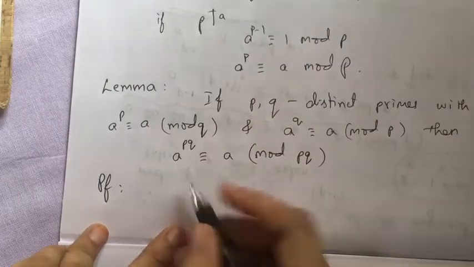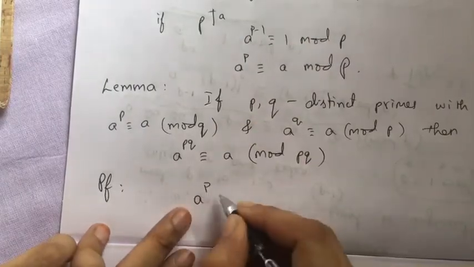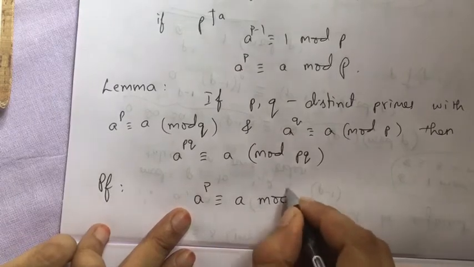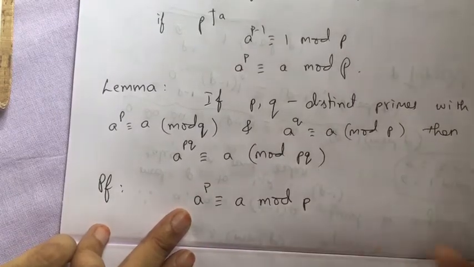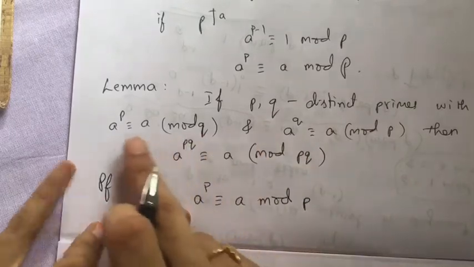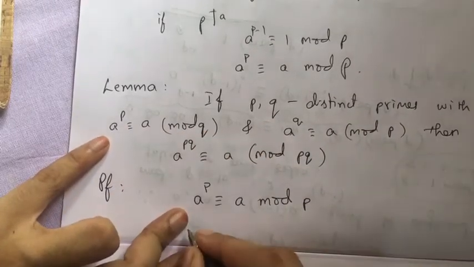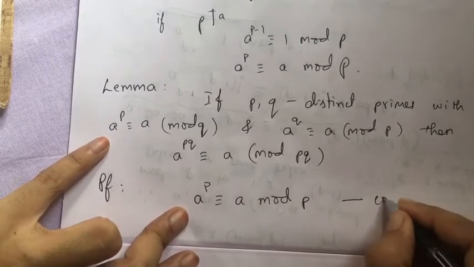From the corollary, I can write a power p is congruent to a mod p. Okay, and it is given a power p is congruent to a mod q, right?